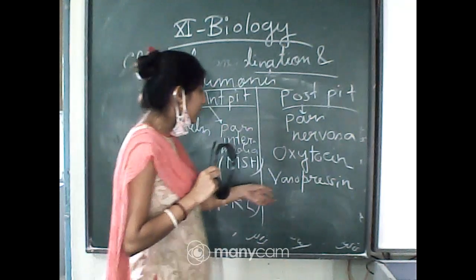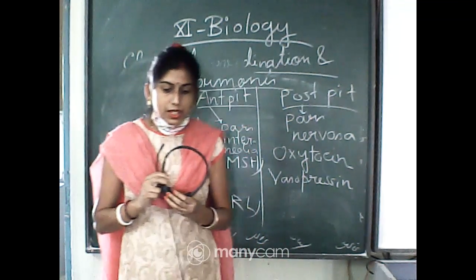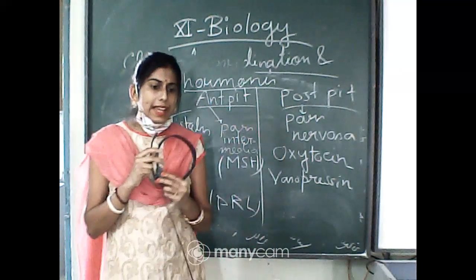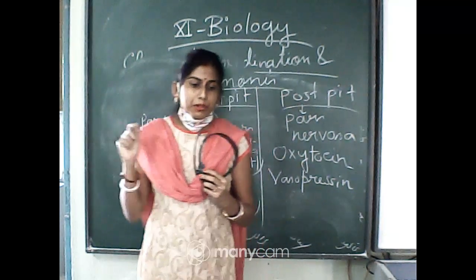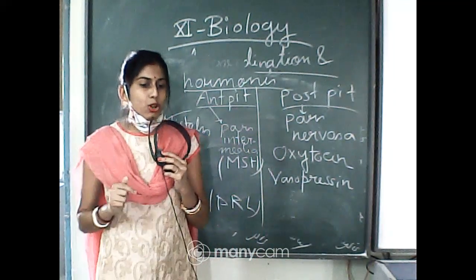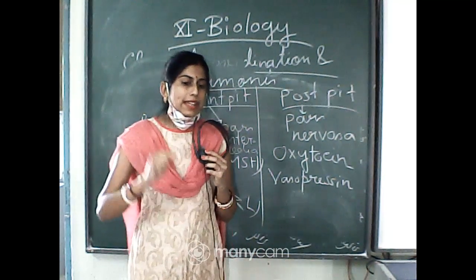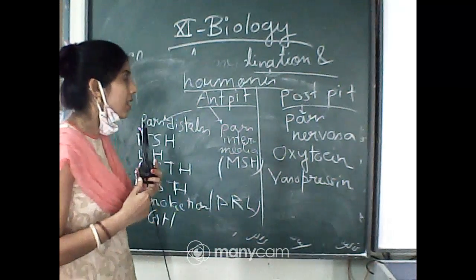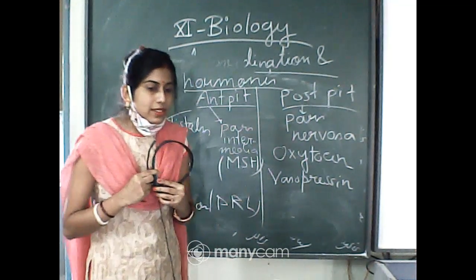Okay, and the another one is vasopressin, and its alternative name is ADH, or antidiuretic hormone. It helps in maintaining the blood pressure and the water balance in the body.